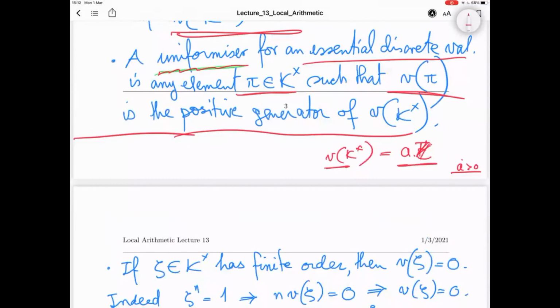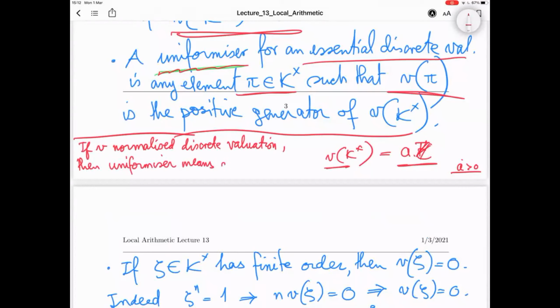So if V is a normalized discrete valuation, then what does a uniformizer mean in such a situation?